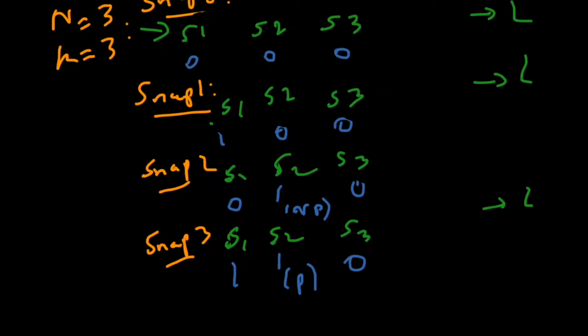And then let's make this 4 just to see more examples. Okay, snaps. And so snap 4, what happens? We have S1, S2, S3. So snap 4, a new snapper is toggled again.